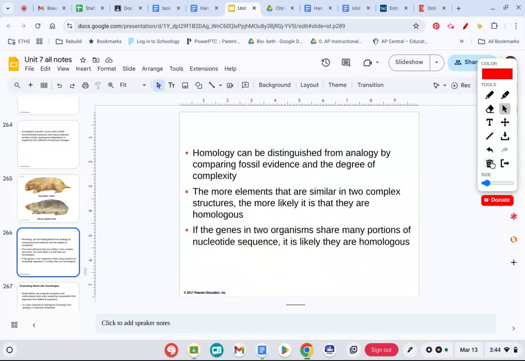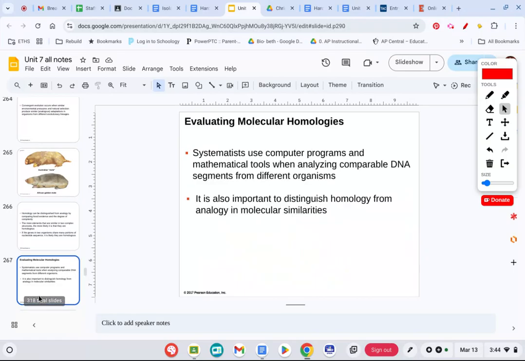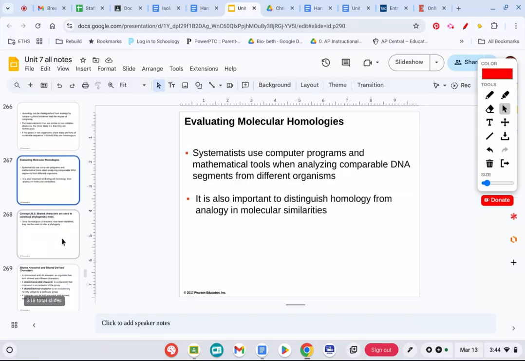All right, let's get rid of that. I talked about that. All right, we can also look at molecular homologies. There are lots of programs now that help to look and say, okay, this molecule is very similar to, it might be a different molecule, but structurally it seems to be like the molecule in another organism, but it might have a different feature in terms of what it actually does.